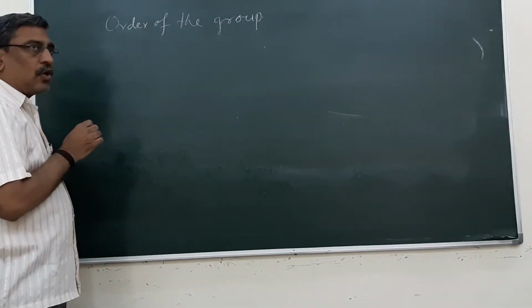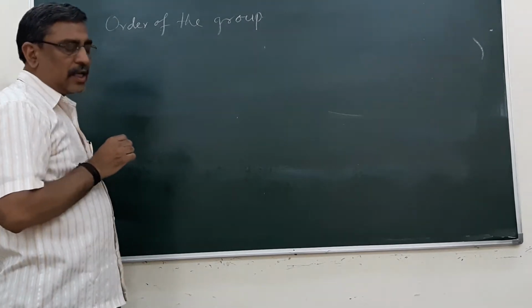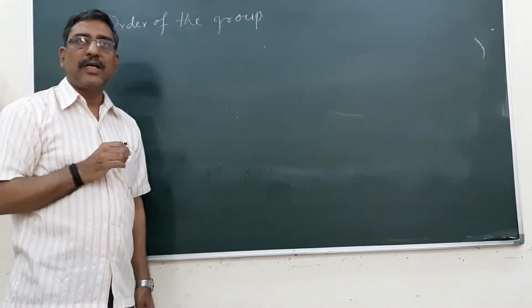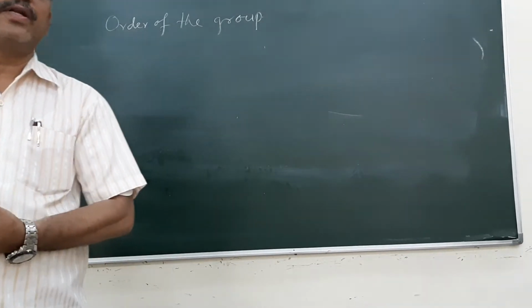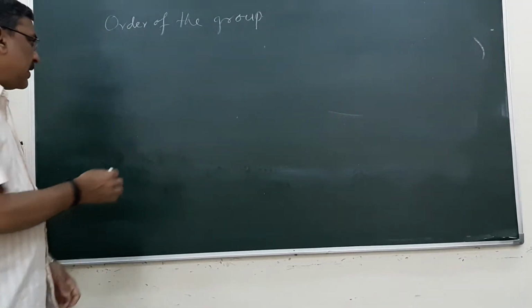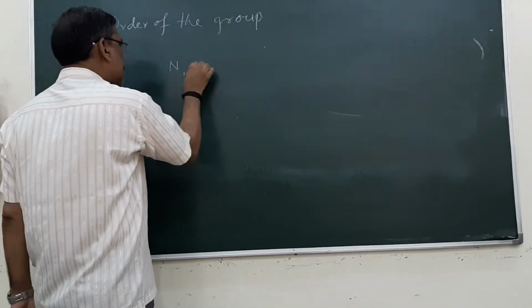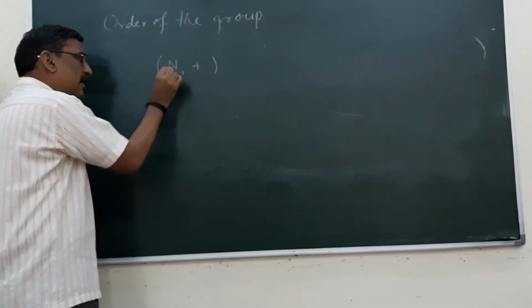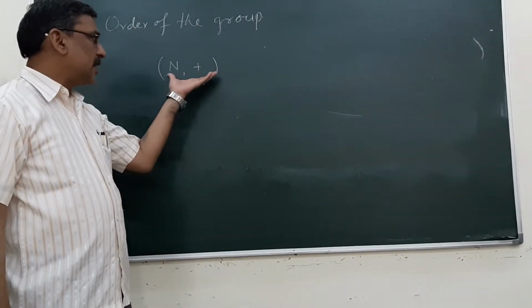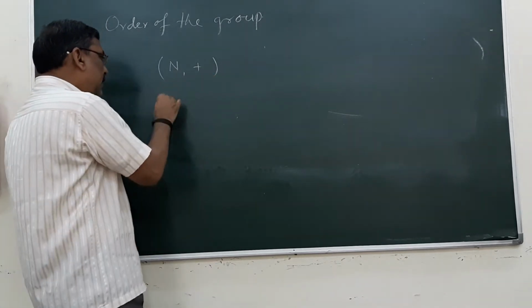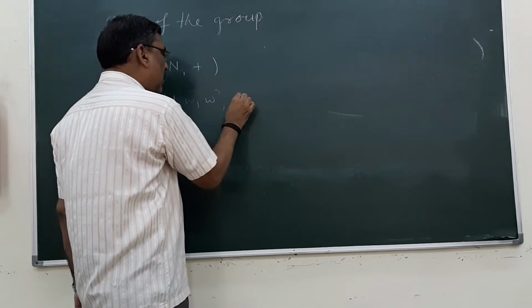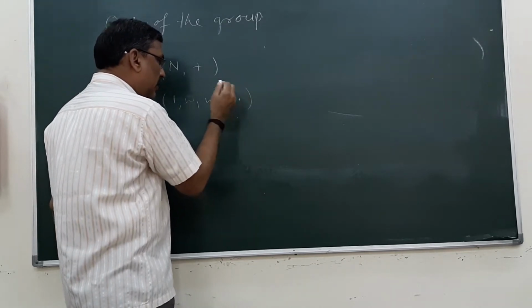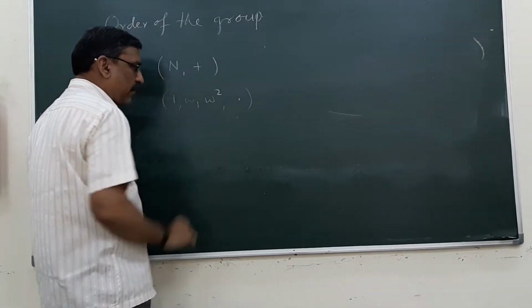If the set is finite, then it is known as a finite group, and if the set is infinite, it is known as an infinite group. For example, N with addition has an infinite number of elements, so it is an infinite group. And 1, omega, omega square with the multiplication operation is a finite group.